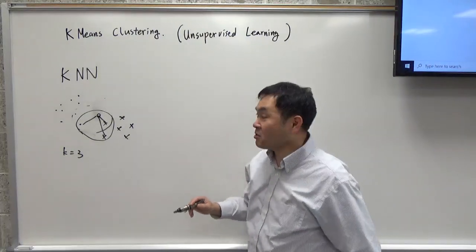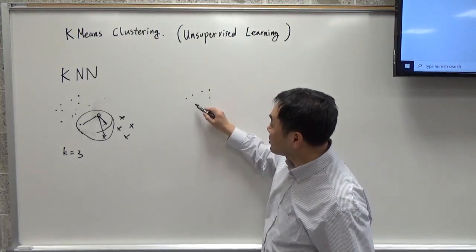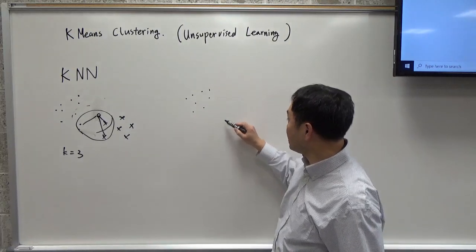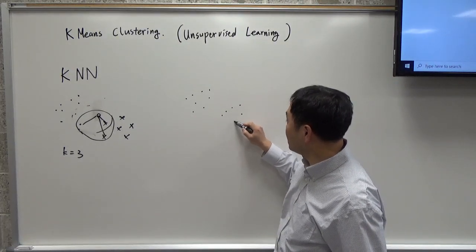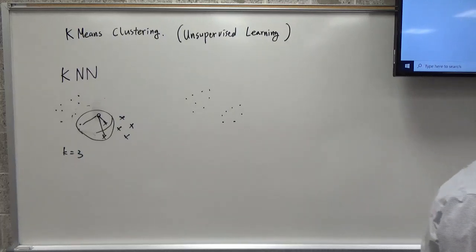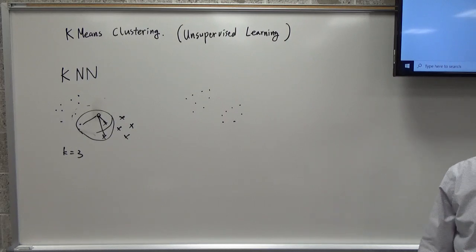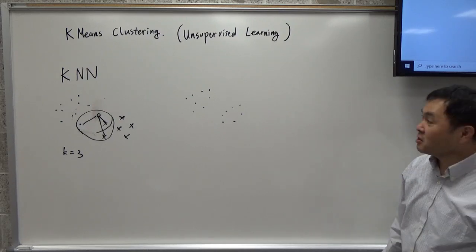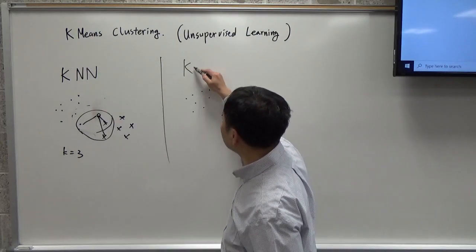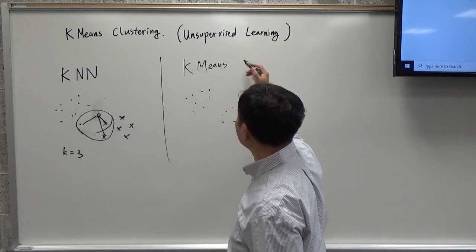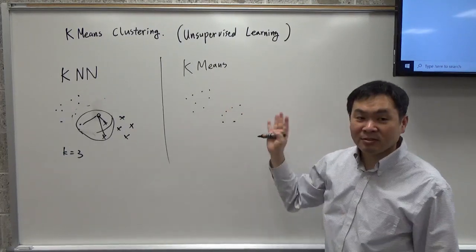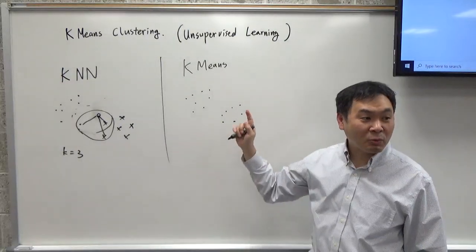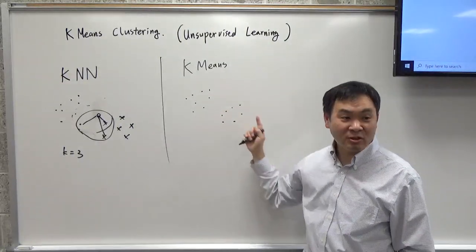So let's think about this situation. You have similar looking data sets, like this, but none of them are labeled. And then the question is, what kind of groups are there? That's the kind of question you can ask, right? So, in other words, if you have k-means, you have your data not labeled, and you have to figure out what kind of groups there may be.